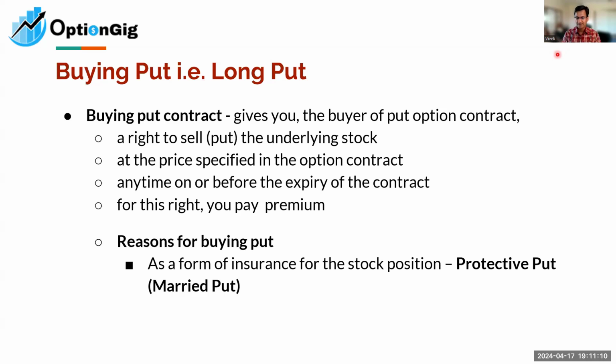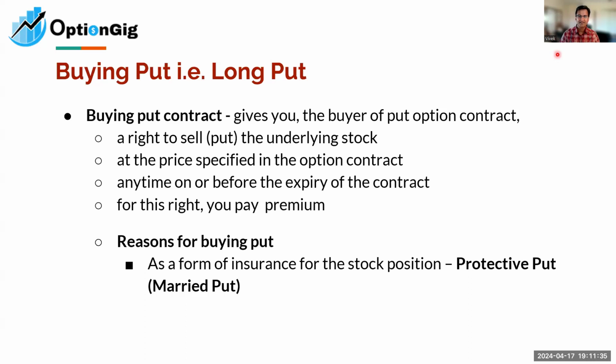You are protecting your stock position. So this form is called protective put or married put, if you are coming across these terms. Then let's say on 17th May, if Google is at 120, I'll be happy that I had this protection.